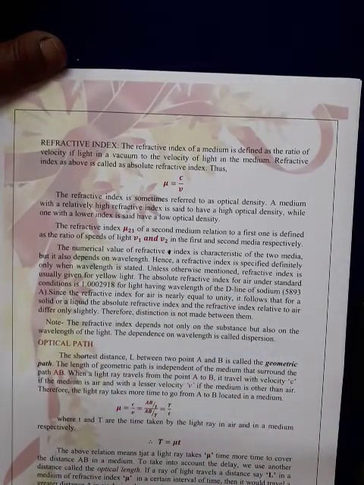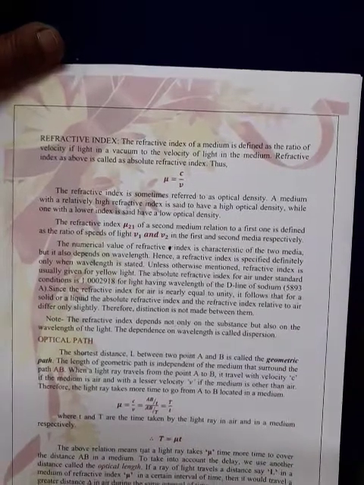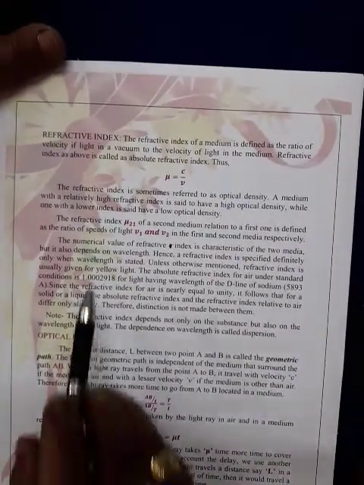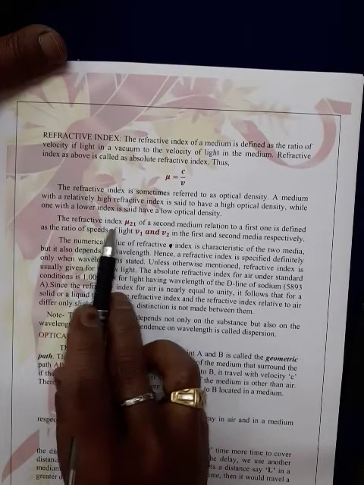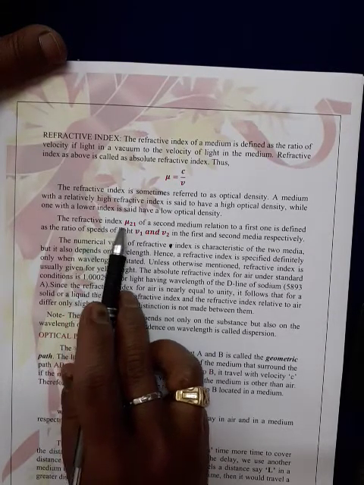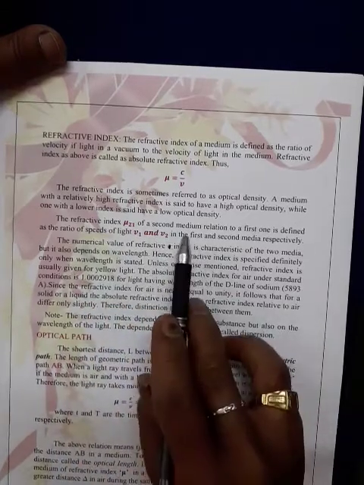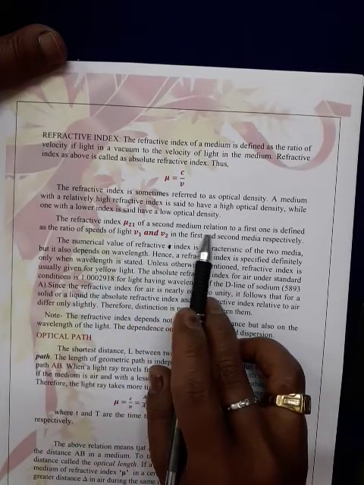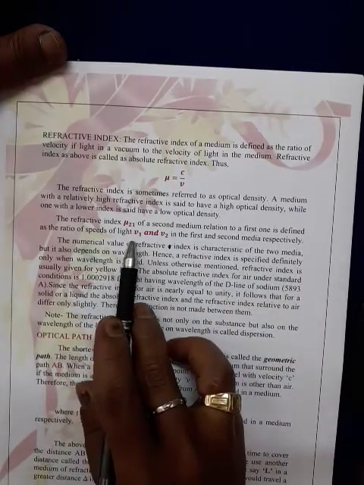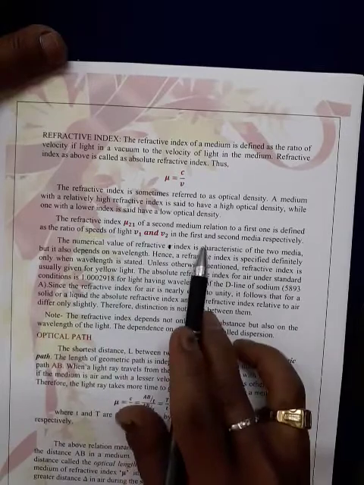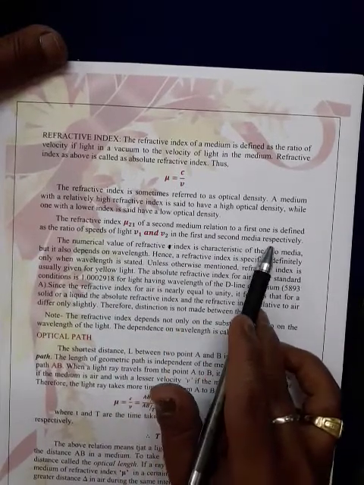Suppose I write mu of 2,1. That means the refractive index mu 2,1 of the second medium relative to the first is defined as the ratio of the speeds of light v1 and v2 in the first and second media respectively.